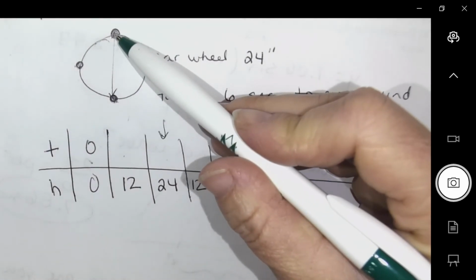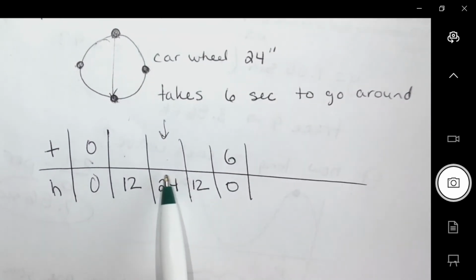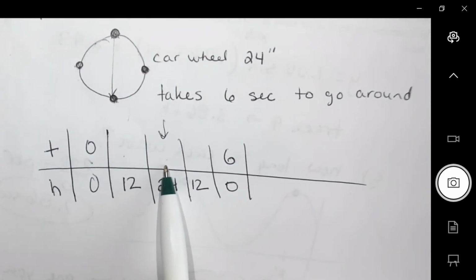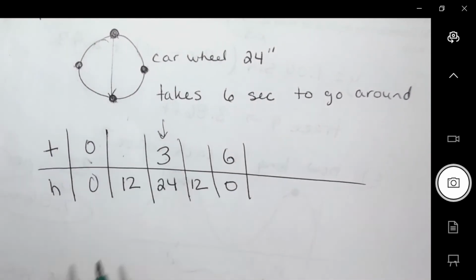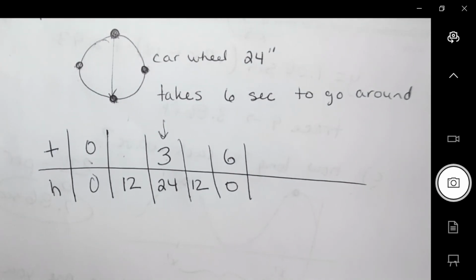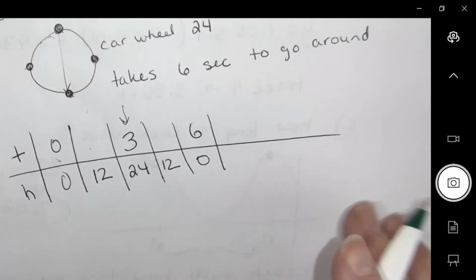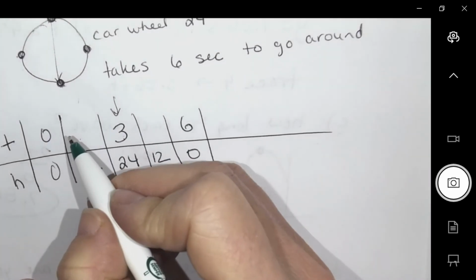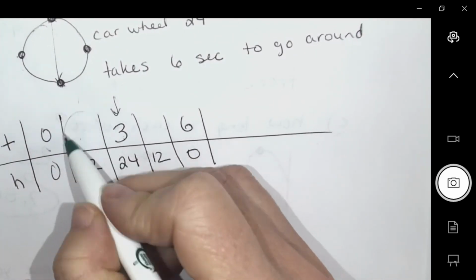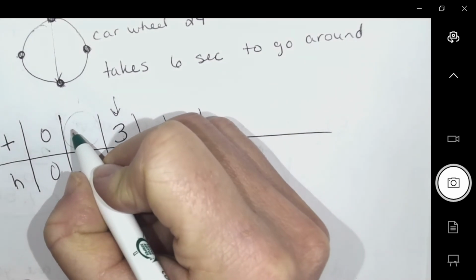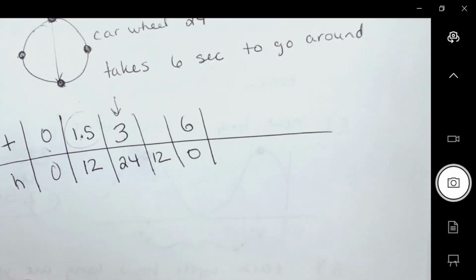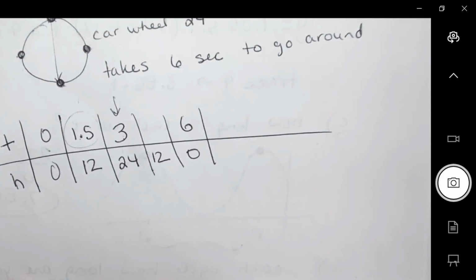How much time did it take us just to get to the top? That should be 3 seconds, right? It's halfway. 3 seconds. If it's 6 all the way, 3 is in the middle. What's the time here now? Does that make sense? 1.5 seconds.